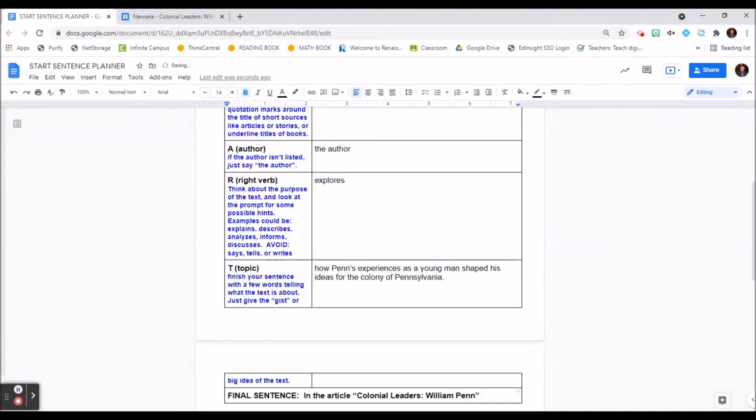Now, often students have a tendency to want to include by here, especially when we have the author's name. We don't need that. That's not necessary for this sentence to make sense just based on the structure that we're using.